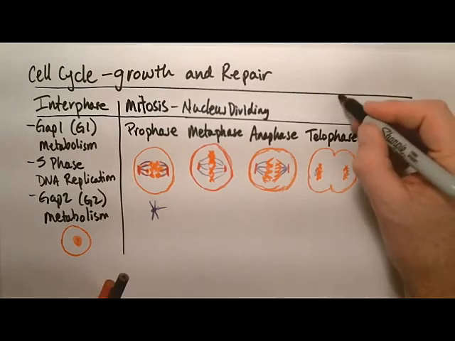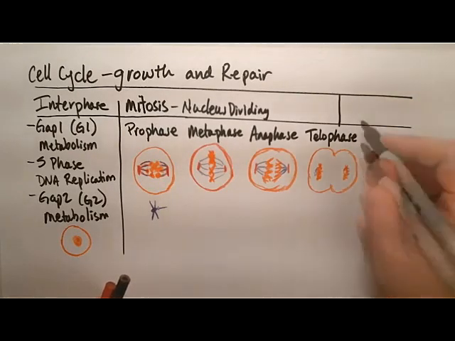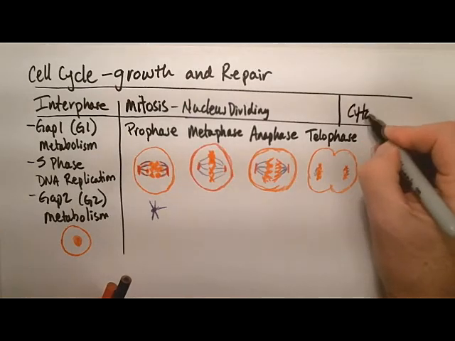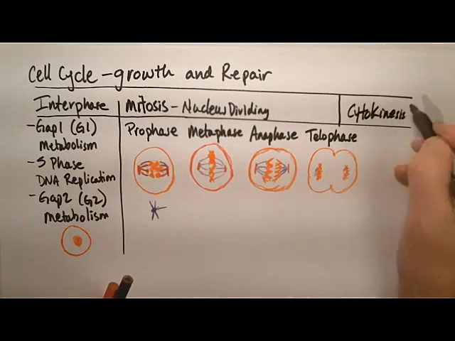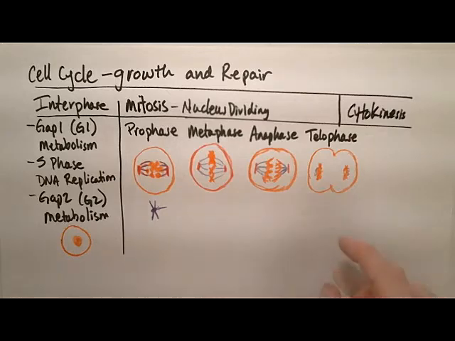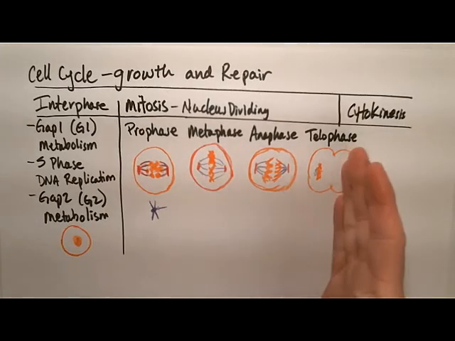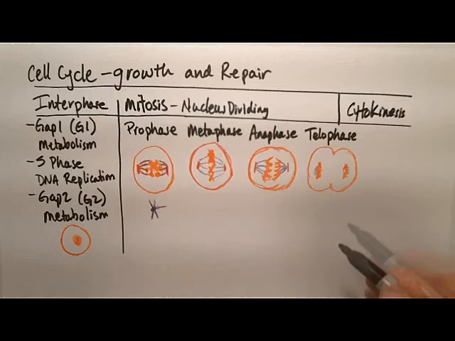Now, if you notice here, I'm going to draw a little line there, and we're going to talk about cytokinesis. Cytokinesis is the process by which the cytoplasm divides, and that actually starts before telophase ends.